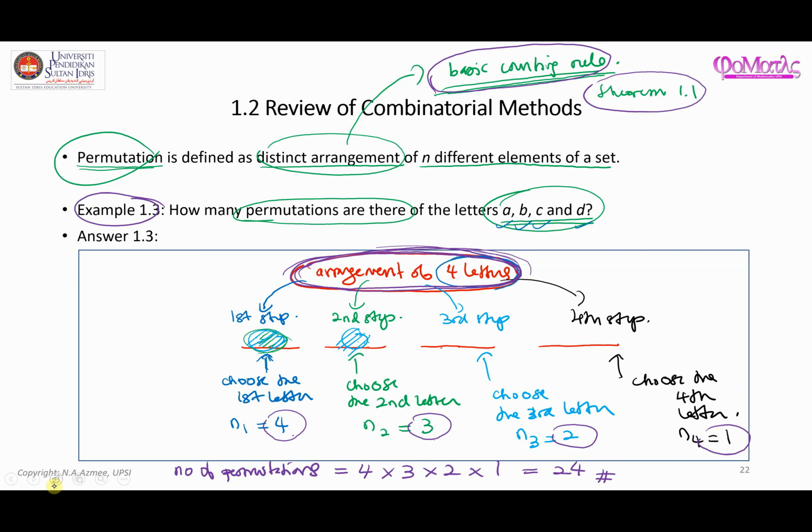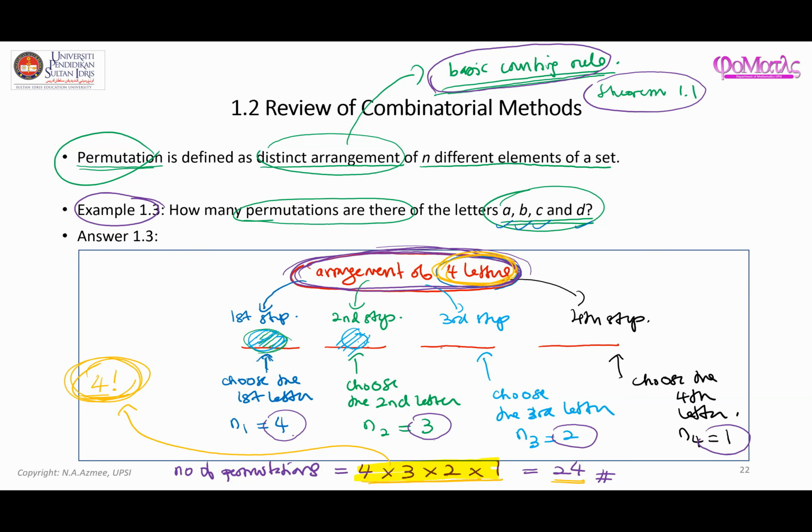Now, I also hope you can see that this number is pretty special, kind of unique. It is a multiplication of 4, 3, 2, and 1, and this is similar to the idea of 4 factorial. So 4 times 3 times 2 times 1 is actually 4 factorial. We have 4 letters and you want to arrange 4 letters, and the result is equal to 4 factorial. So 4 factorial is equal to 24.